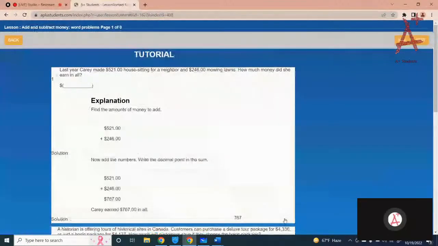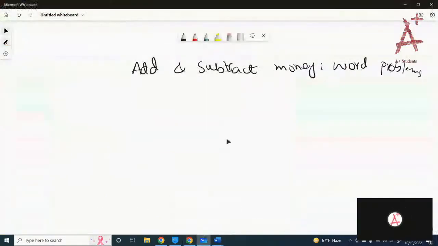Last year, Carrie made $521 house sitting for a neighbor and $246 mowing lawns. How much money did she earn in all? So you have to add all the numbers. So the numbers are 521 and 246. You have to add from the ones digit.